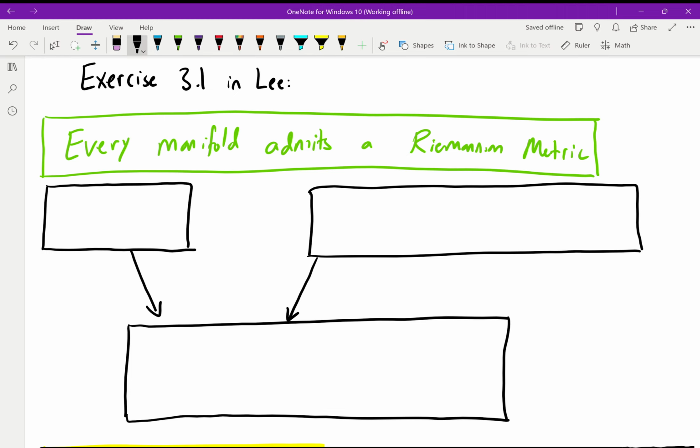But the idea here is that we know that manifolds are locally Rn, and as we mentioned earlier, there is a nice inner product in Rn. Rn has the dot product. So we know at least up close manifolds can have these nice little inner products working for them. So the only thing we might wonder is where the open neighborhoods on the manifold overlap. And so what do we do if we have a local property we want to extend to the whole manifold? We take partitions of unity.